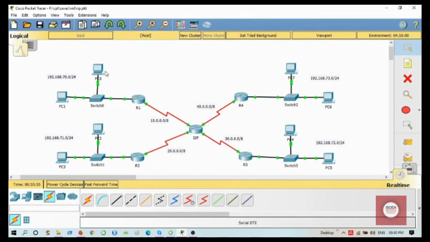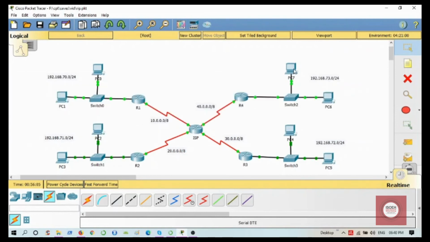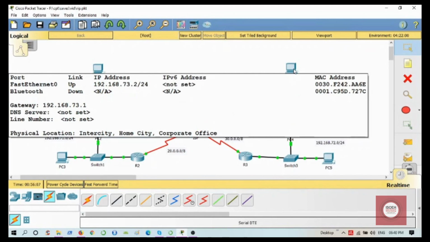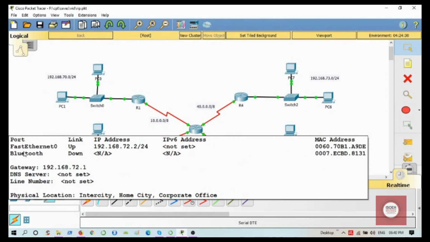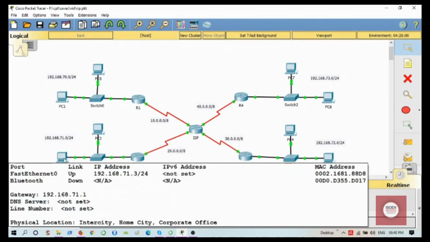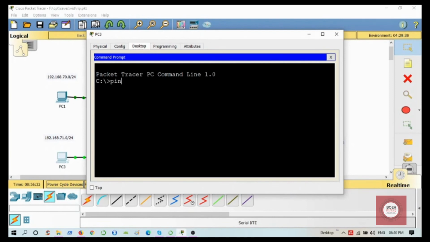I'm just going to check whether we can ping from any PC of this network to any other PC of this network. So let's see. This is 70.2. This is 73.2. This is 72.2. And this is 71.3. Okay, so let's move there and ping 192.168.70.2.